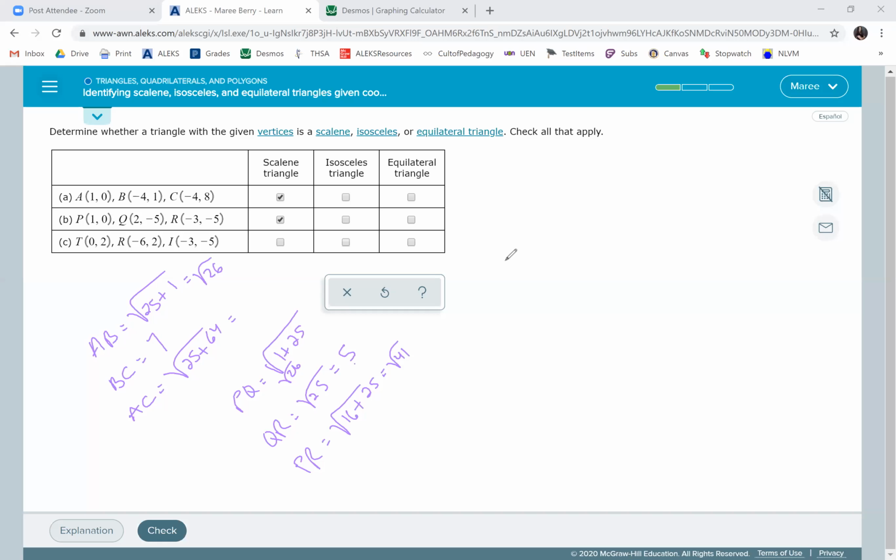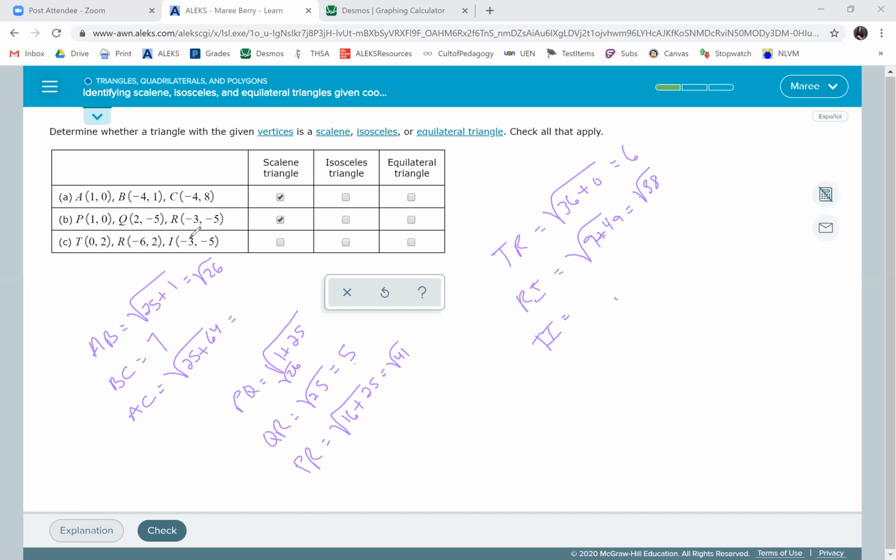It'll be so fun. Okay, TR, RI, TI. I wonder why they use I. Okay, TR, 6 apart, squared is 36. The y's are 0, so it's going to be 6. RI, negative 6 and negative 3, that's 3 squared is 9, and 2 and negative 5 is 7 squared is 49. So that's the square root of 58.